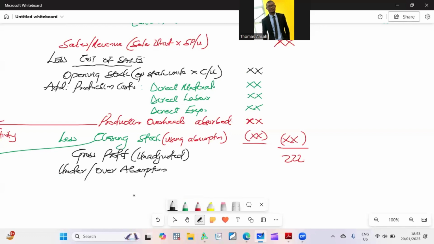So you adjust it with your under or over absorption. Now, what is under or over absorption? We learned overhead accounting. And over there, we said that absorption is about allocating or sharing the overhead to the unit cost of a product. So let's say you have a building for which you pay rent. The building is probably for the administrative people and the factory at the same time.